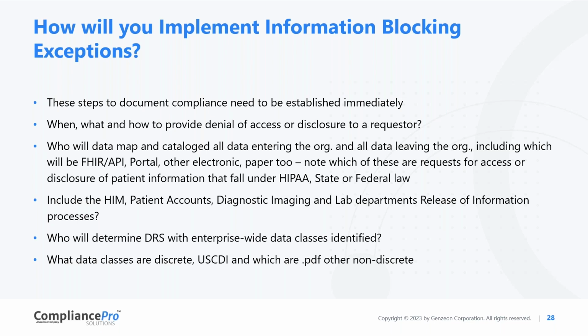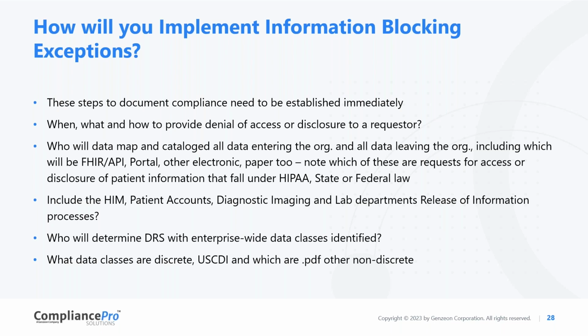But do your cataloging. Data in, how do your requests go out? How are we going to apply information blocking? Have you done your designated record set? The entire rule is foundational on designated record set. What of the data classes you're going to share are discrete data and what can't be discrete?